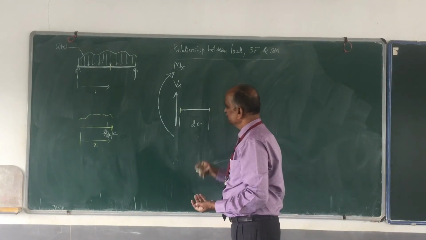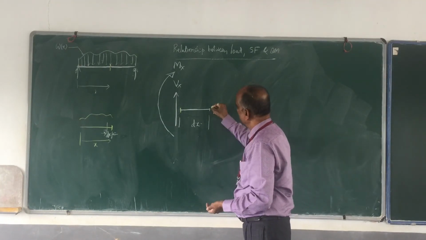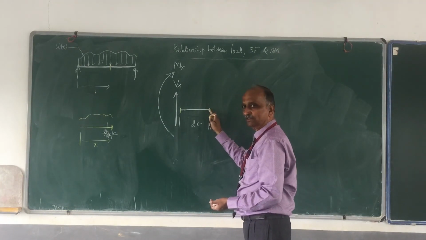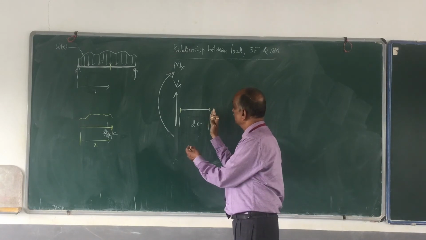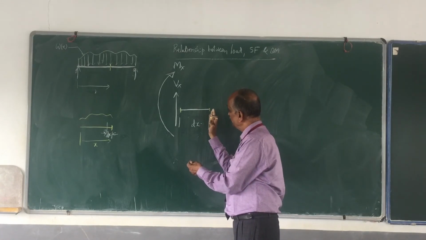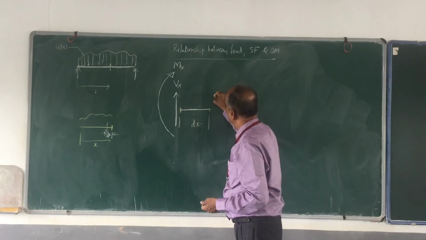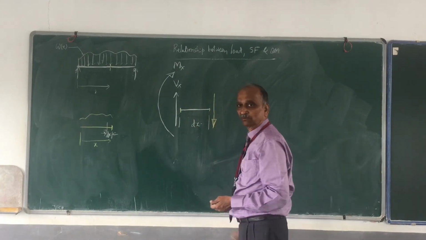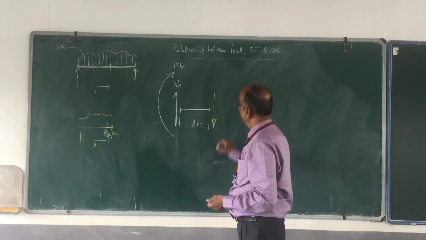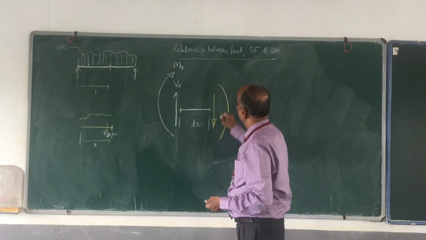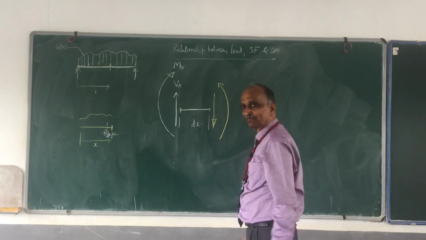Now let me come to this side. I have taken a section. Where is the portion of the beam? It is on the left side. My positive shear force is downwards, and this is my positive bending moment.